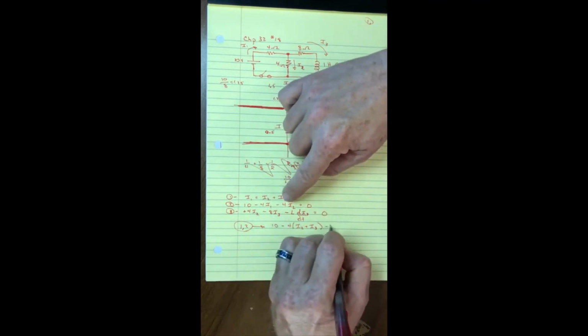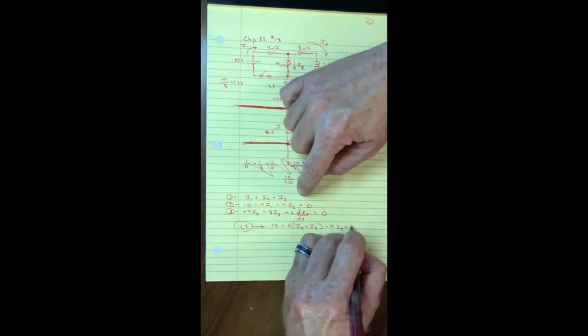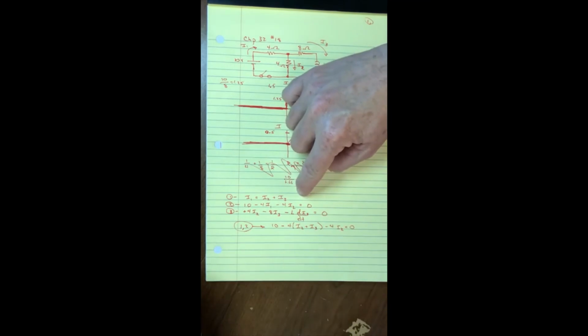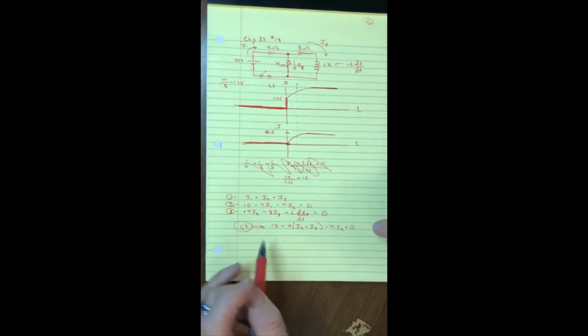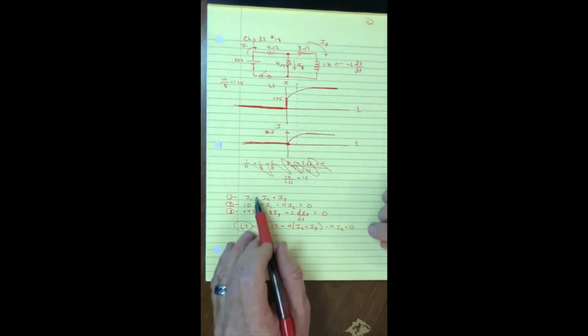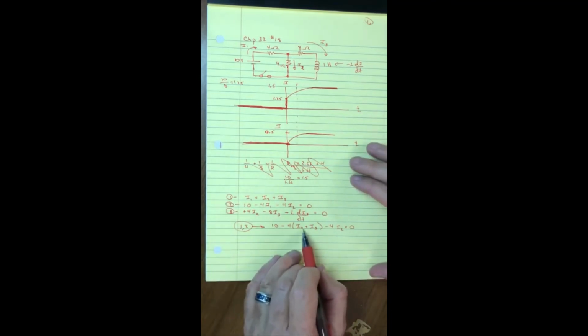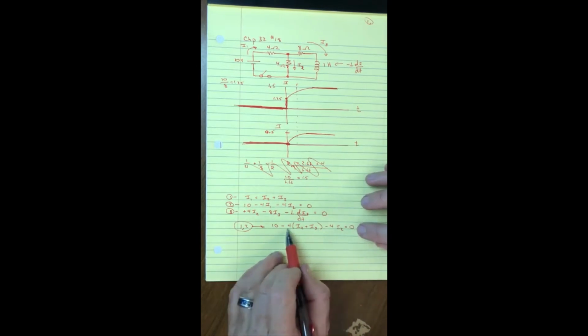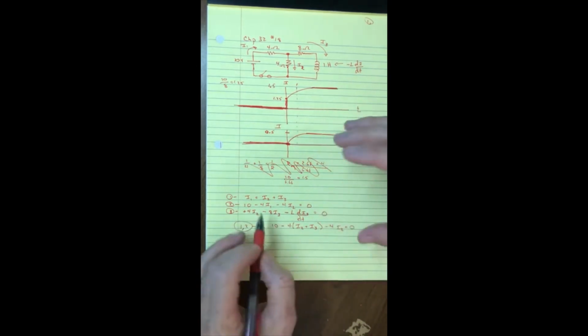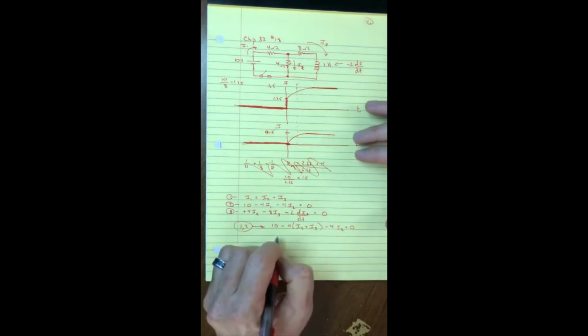Then this would be minus 4I2 equals 0. The nice thing about that is now I have an equation that is the combination of 1 and 2, and it only has the variables I2 and I3. Together with the third equation, which only has 2 and 3, that gives me 2 equations and 2 unknowns. So that's where I'm headed here.